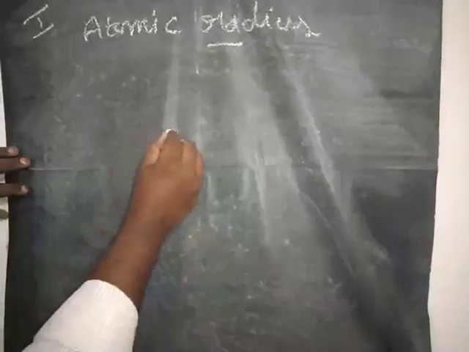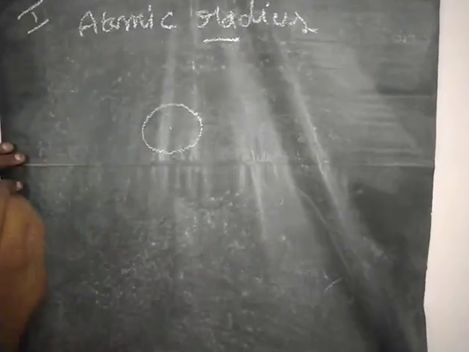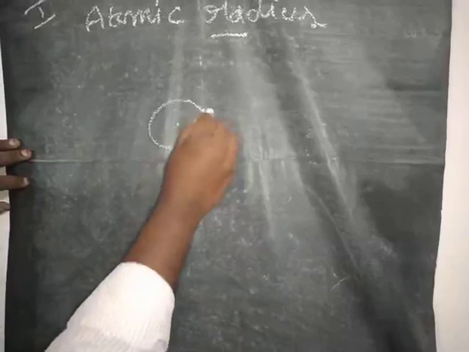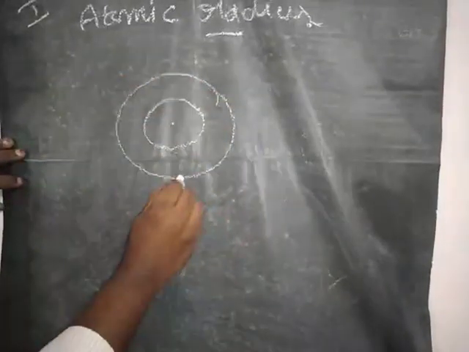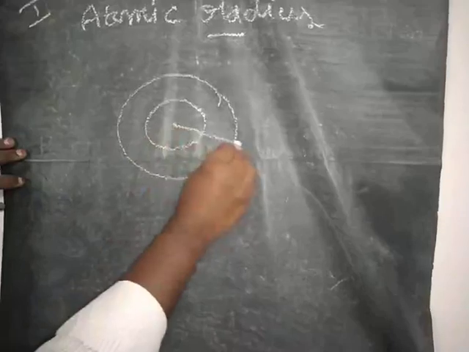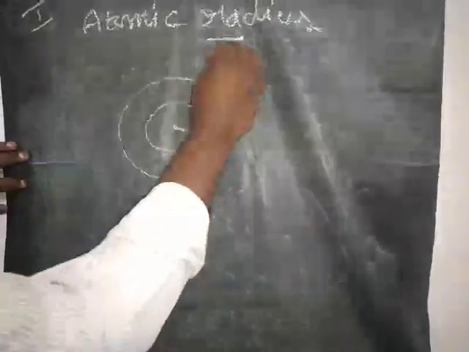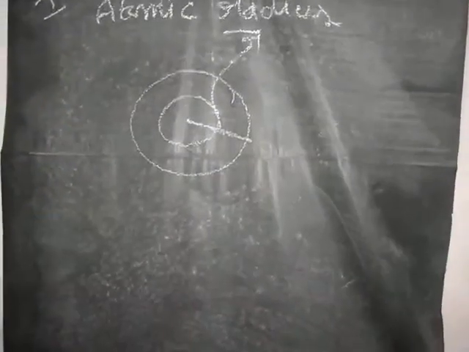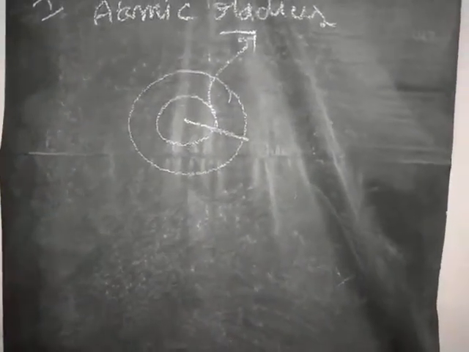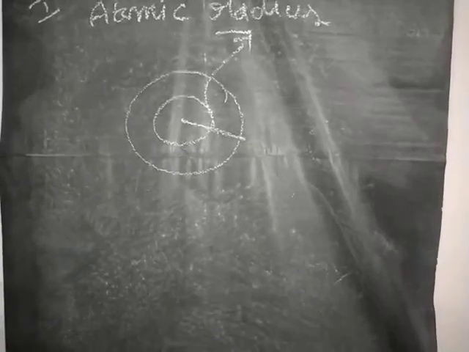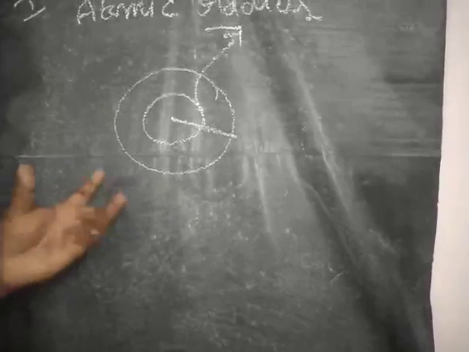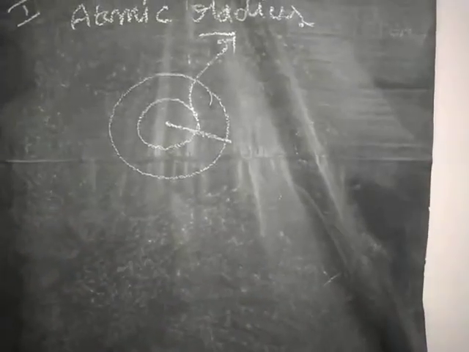For example, if you are drawing the electronic configuration of a particular atom of an element, the distance between the center of the nucleus and the outermost shell containing valence electrons is called atomic radius.